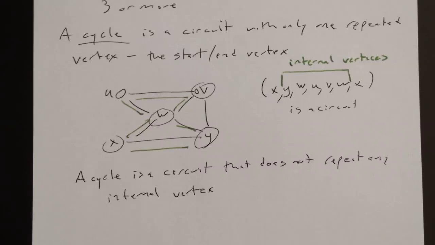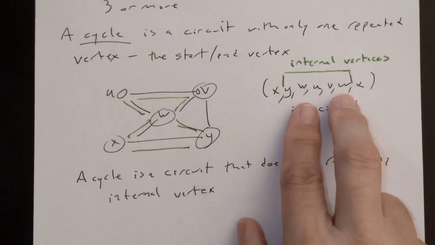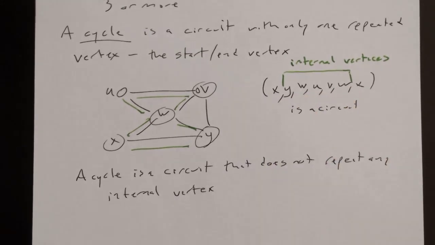The internal part. But that's why I know this can't be a cycle, because in this list, I see the same thing twice in that bracketed piece. If you were to have another X in there somewhere, same thing, it'd be screwed.